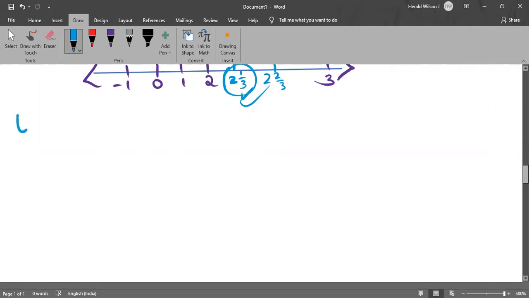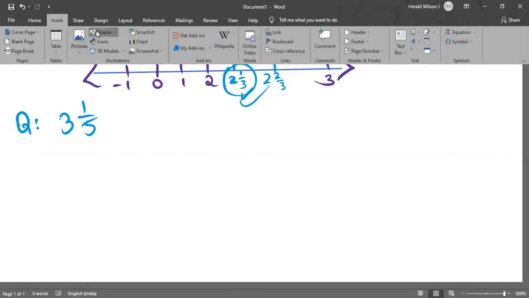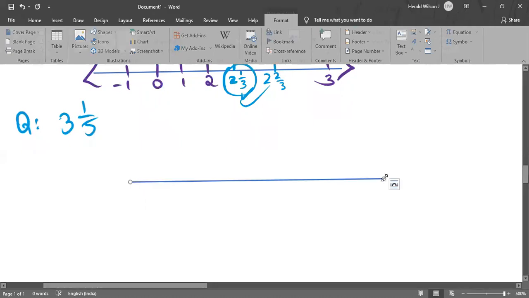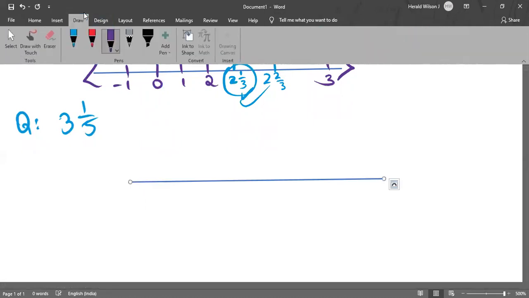Okay. Actually, in this question, we will not be converting directly. You have to do so. Represent 3 1 by 5 on a number line. If you see, we will have a number line, of course. Okay, a number line we have now.